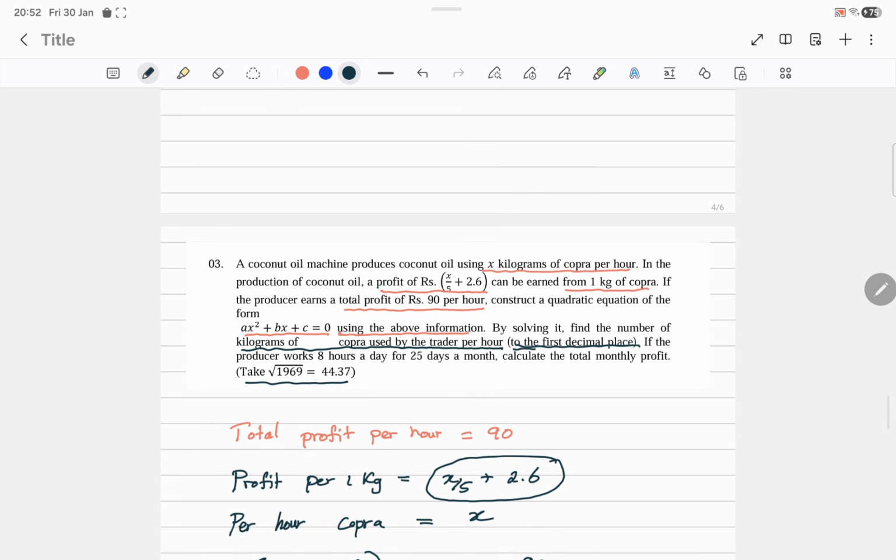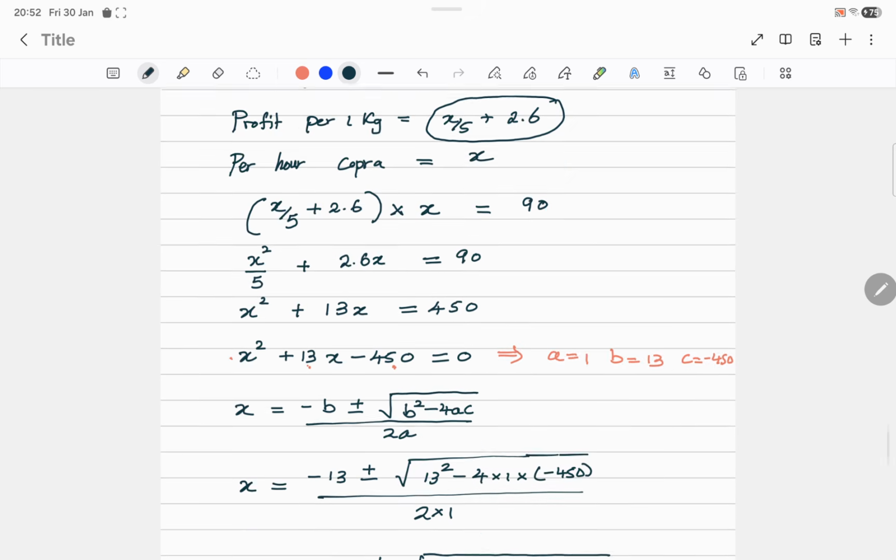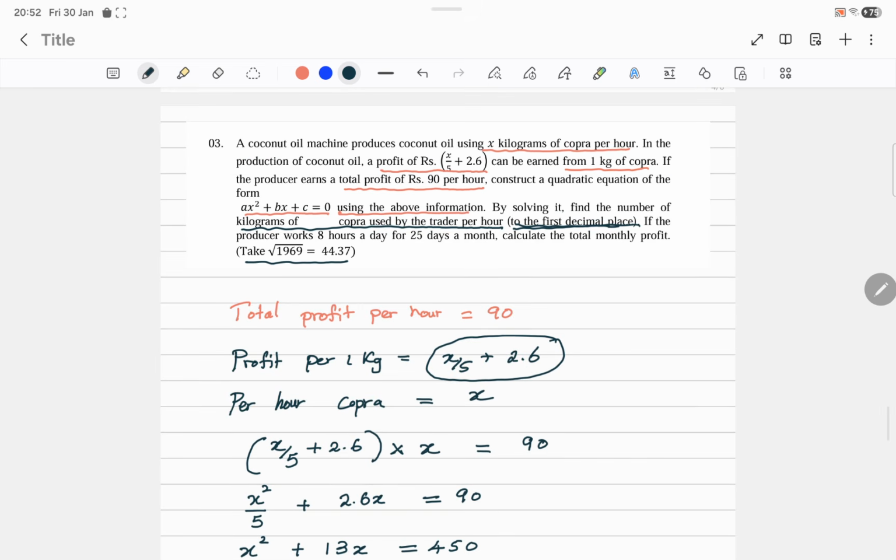We want the answer to the first decimal place. So this is 31.4, no? So 31.4 over 2 is 15.7. Right. So x is 15.7 kilograms. So we found the answer to one decimal place.